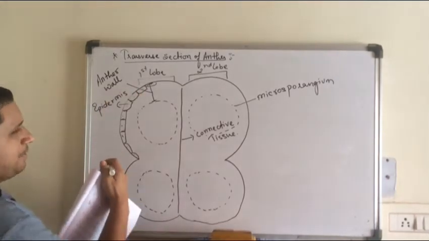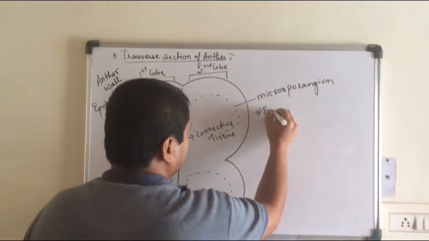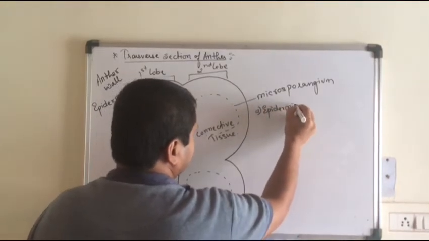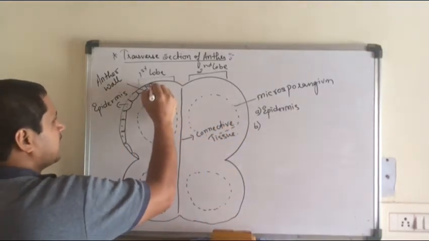Now, the first layer is the epidermis. The second layer is radially arranged, like in the form of this part.